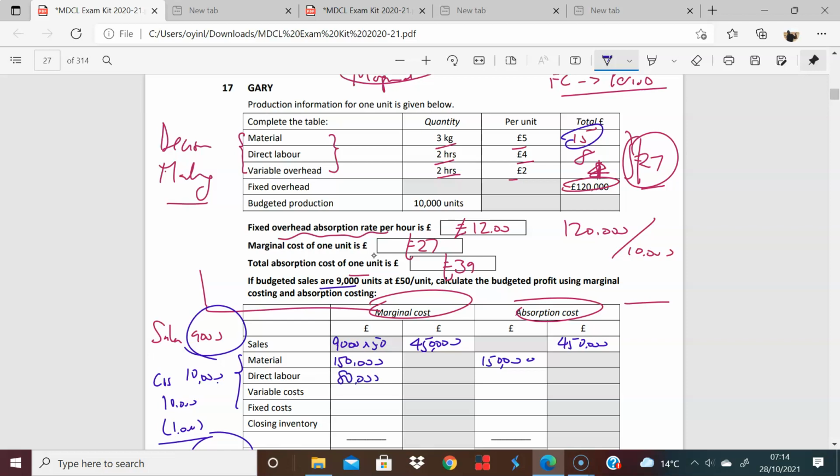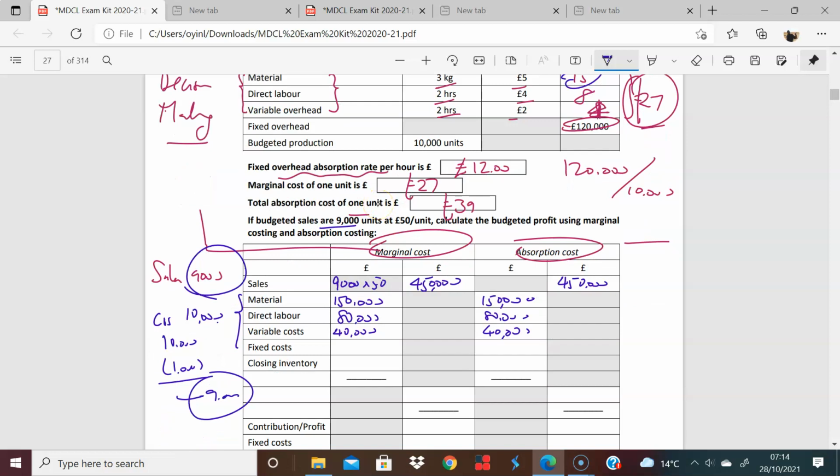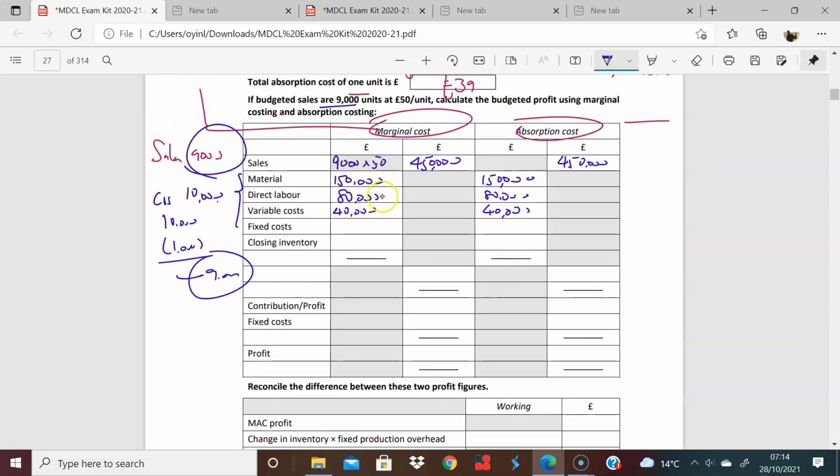And then your variable costs here are 4, and 4 times 10,000, so you have 40,000. I was very clear that with marginal costing, we do not consider fixed costs in our production. Fixed costs are a period cost.